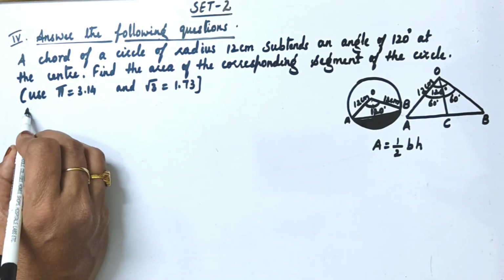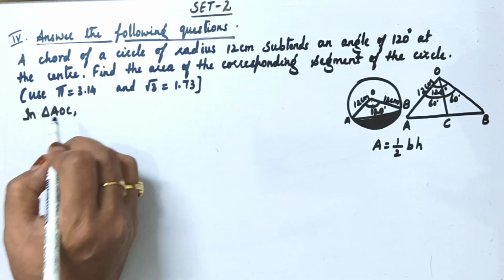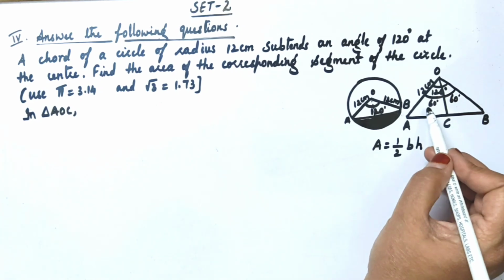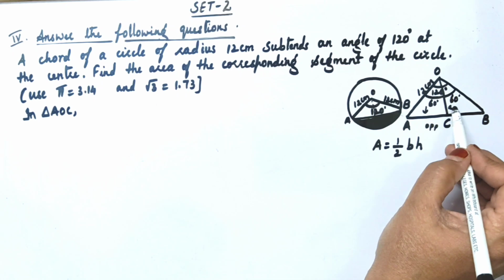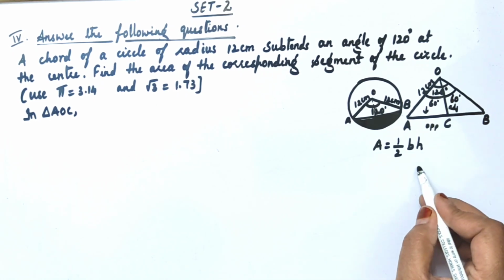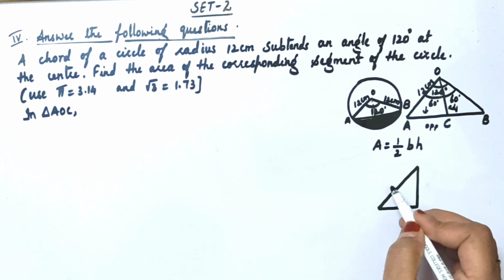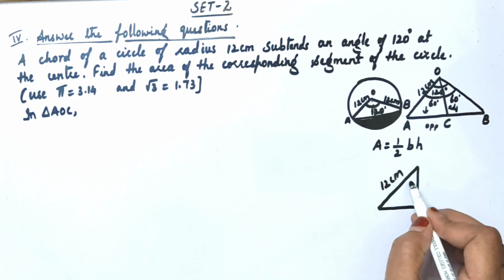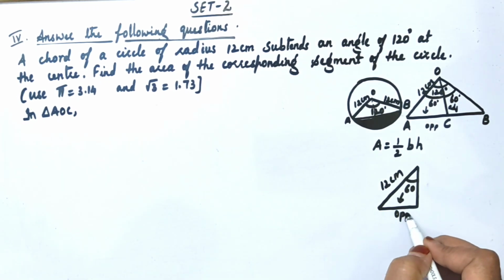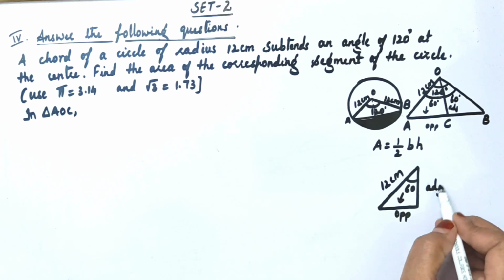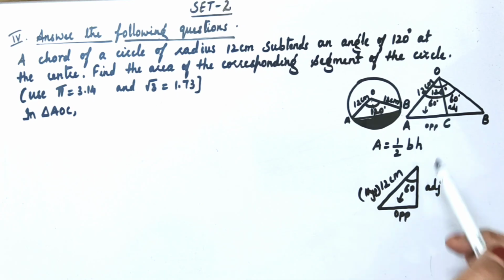Now in triangle AOC, I want this opposite side, and the adjacent as well. Here we have got 12 centimeter. This is 60 degrees. This is the opposite side, this is adjacent and this is the hypotenuse.